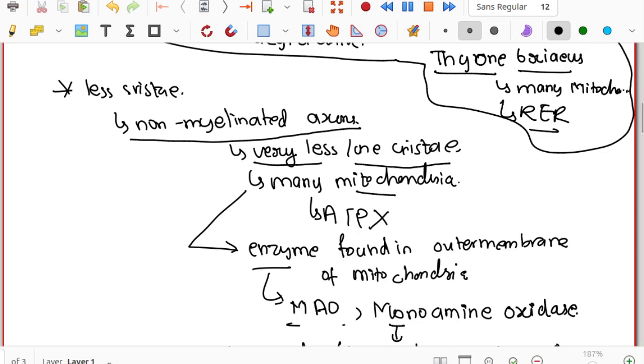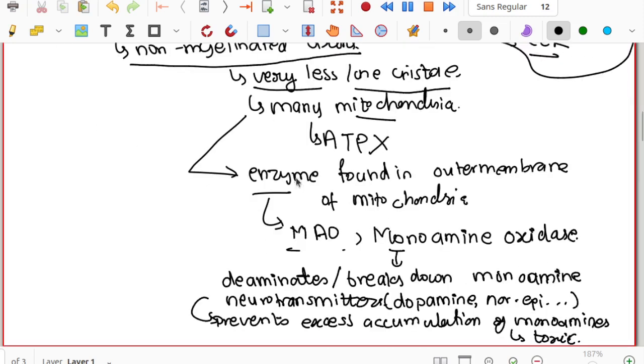but still they may have many mitochondria. So the many mitochondria are not associated with synthesis of ATP. We know ATP synthesis won't occur much because of the presence of only one crista, but they have many mitochondria because they have an enzyme named monoamine oxidase, or MAO, which is found in the outer membrane of mitochondria.